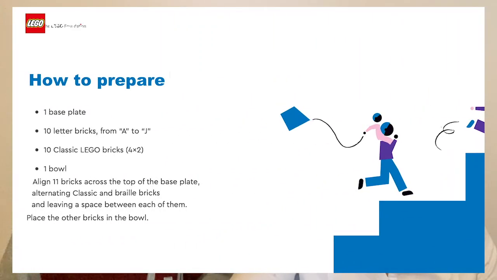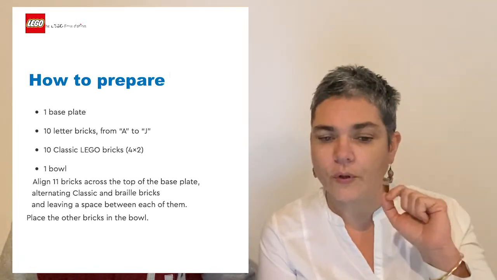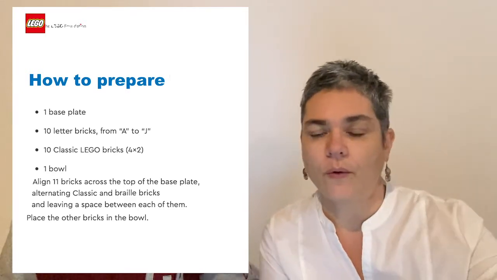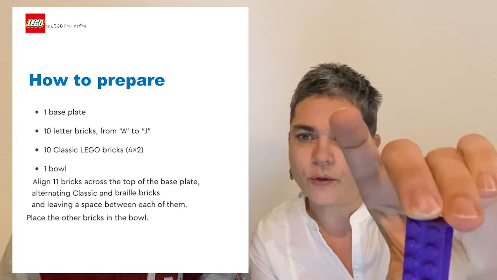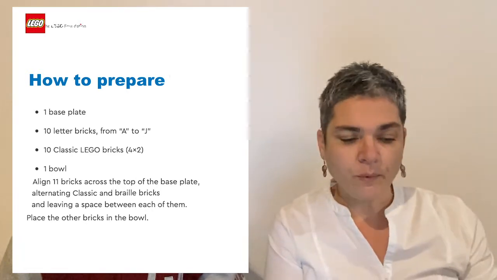You will need to prepare this activity: 1 base plate, 10 letter bricks from A to J, 10 classic Lego bricks, and 1 ball. It's better if you have the 2x4 classic Lego bricks, the ones that are the same size as the Lego Braille bricks.